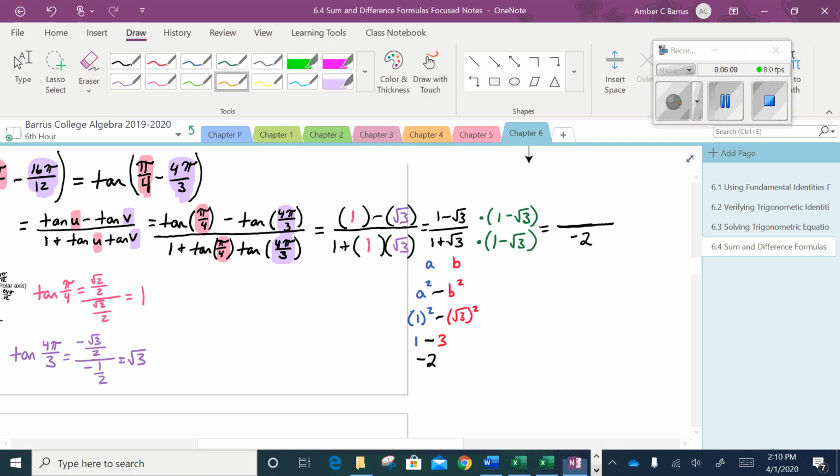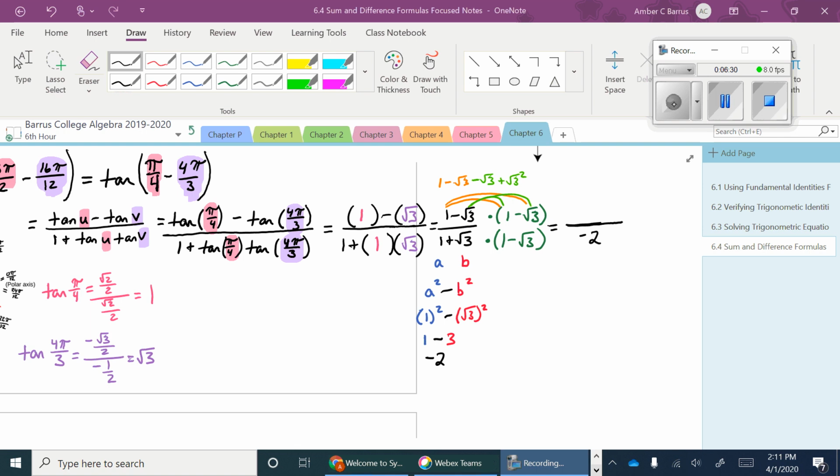So if we FOIL that, we see that we are going to have a 1 minus a radical 3, and then we are going to have a negative radical 3 times a positive radical 3 squared, which when we simplify is going to give us a 4 minus 2 radical 3.